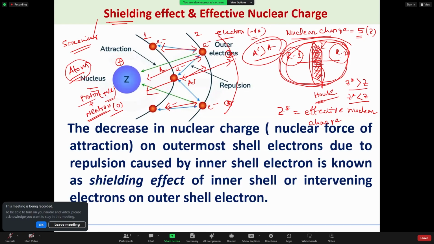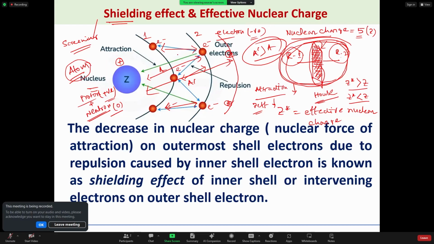When this attraction decreases, then the effective nuclear charge also decreases. So this is proportional to the attraction, but inversely proportional to the repulsion between these electrons.